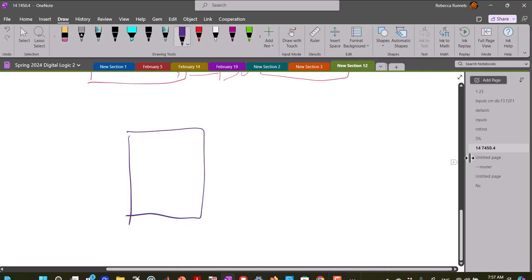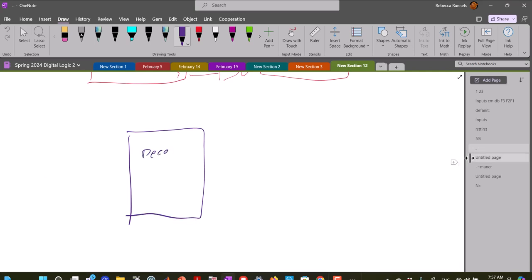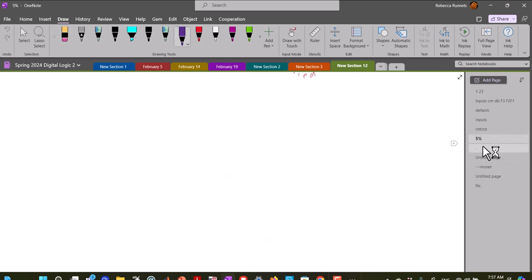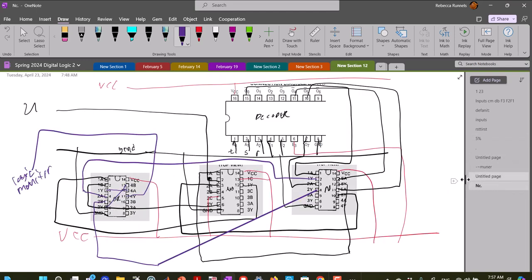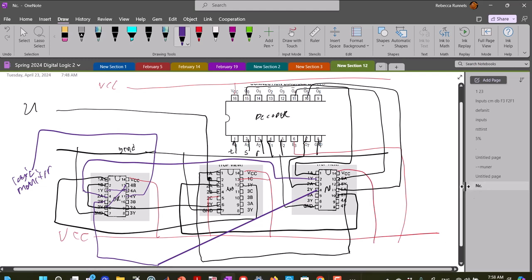So we'd have the decoder, and those went into pins 3, 2, 1.